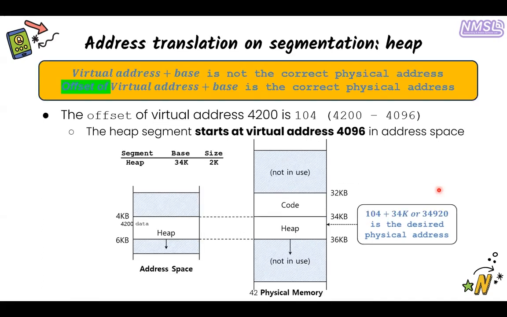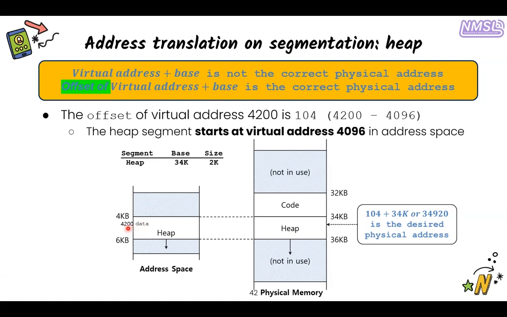Simple enough, but heap is a little bit different. Here, the virtual address plus base is not the correct physical address. Instead, it's the offset of the virtual address plus base. First of all, the heap base starts at 34K. Now, at the heap here, the segment starts at virtual address 4K, which is 4096. And now the virtual address is 4200.